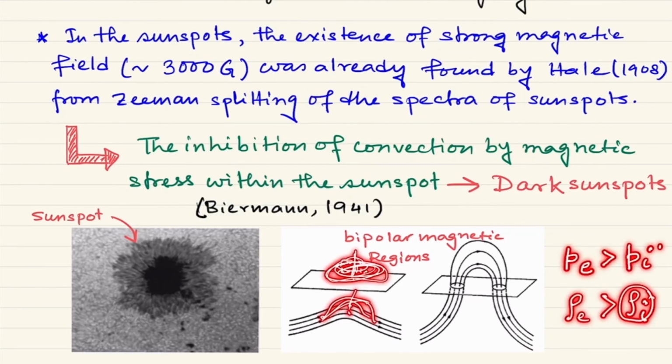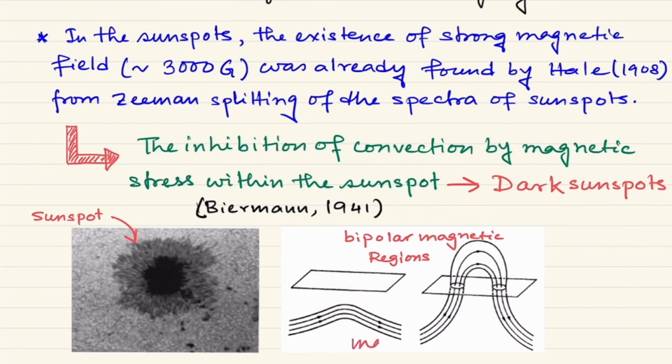Then what will happen? This plasma will try to get out due to buoyancy, and this is known as magnetic buoyancy. Then it rises, and when it touches the surface, it gets out of a sunspot, and then, in order to close the loop of the magnetic field lines, it enters through the other sunspot.